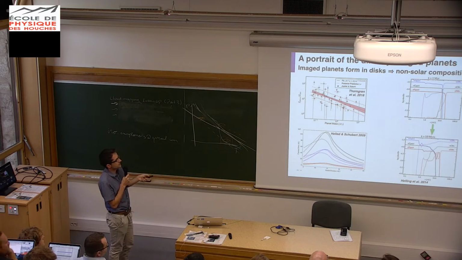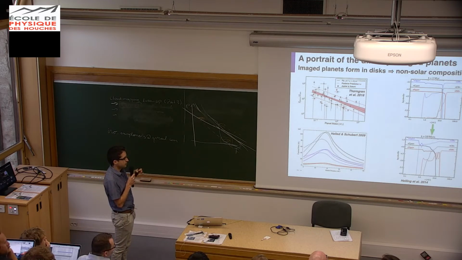And you can see that when you are crossing the snow lines, the elements get condensed, there is a phase transition basically, and so the abundances in the gas phase are changing. And they are changing also with time because the disk is evolving. There is more and more material falling into the midplane, condensing.